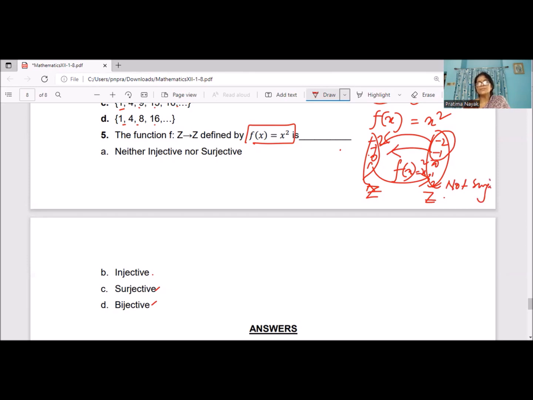Coming to injective, see, minus 1 square is 1, and 1 square is also 1. That means this will be a many-one function. Many-one means it will not be injective. So it is neither injective nor surjective. So A is the answer.